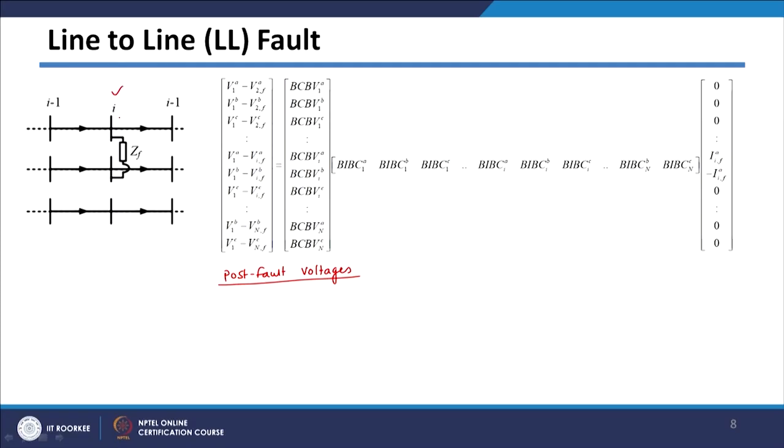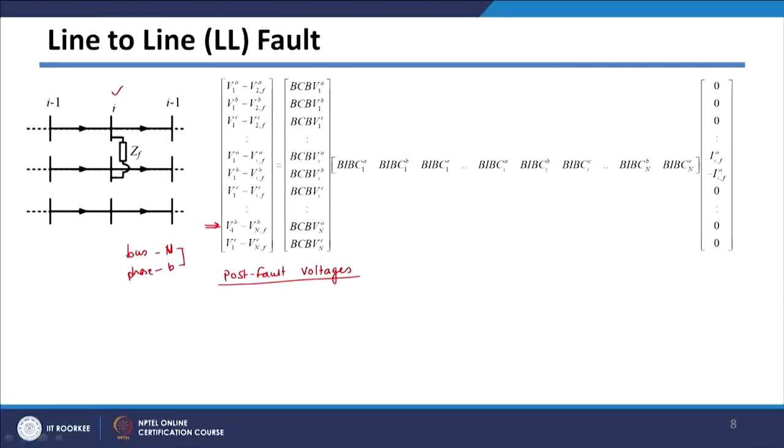So, other than I, if you want to calculate voltages, post fault voltages at any buses, suppose you want to calculate this particular bus. So, in this bus, say bus corresponding to nth bus is N and your phase is B, and for that particular bus you want to calculate post fault voltages.